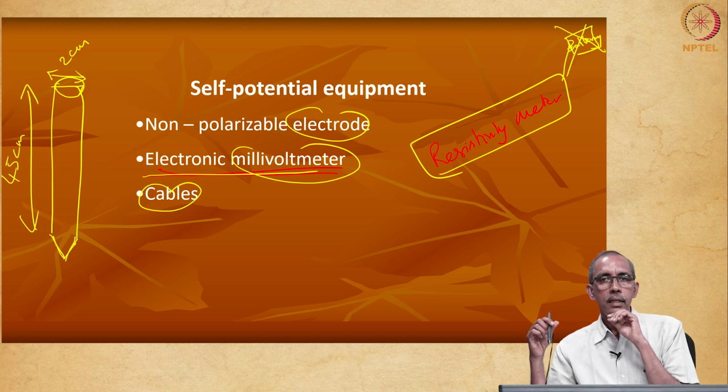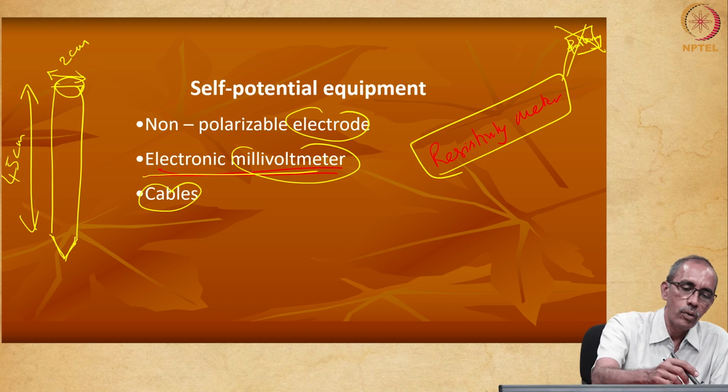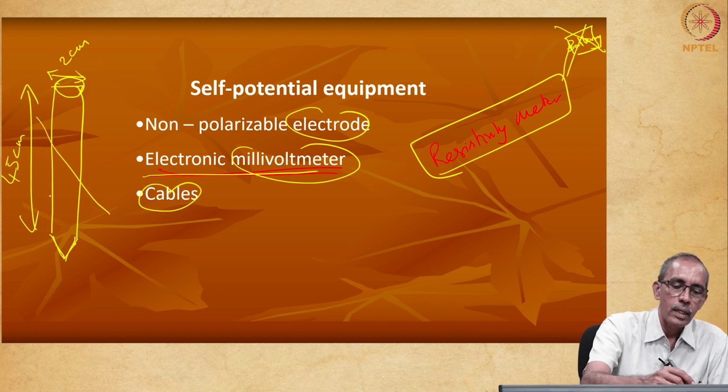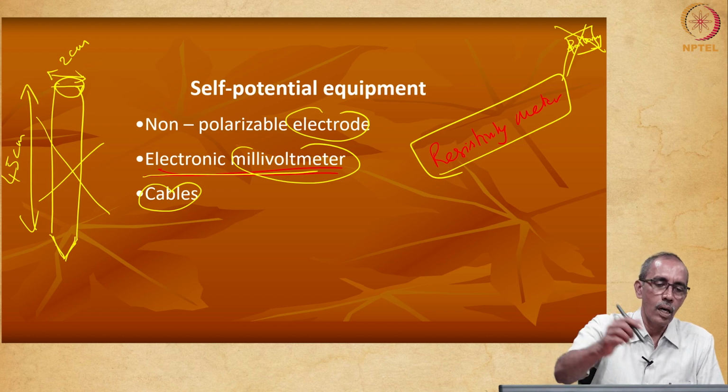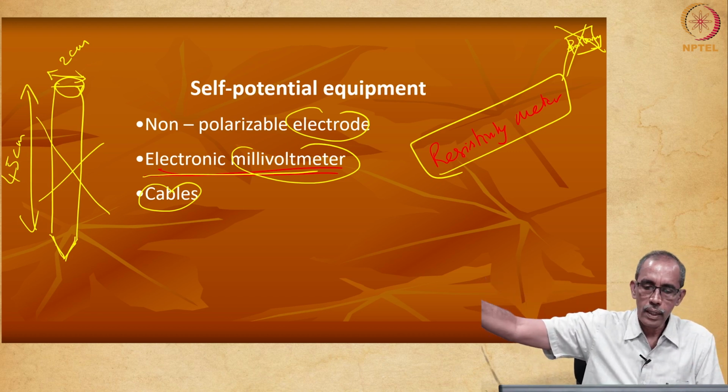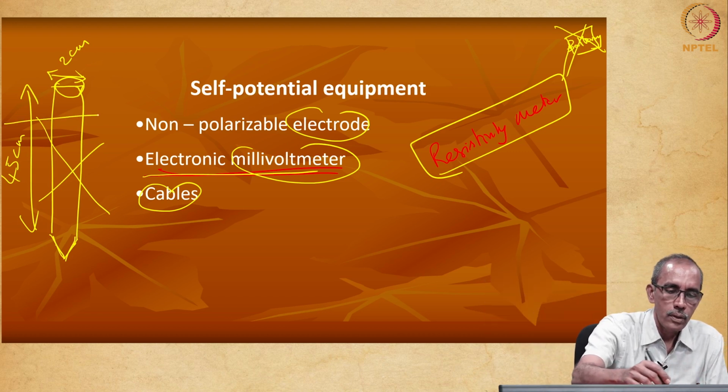But there is a minor difference in the case of cell potential method. So, we do not use these conductive rods. Why we are avoiding the use of conductive rods is, suppose if you put this conductive rod below the surface of the earth, right. So, this is the surface of the earth.